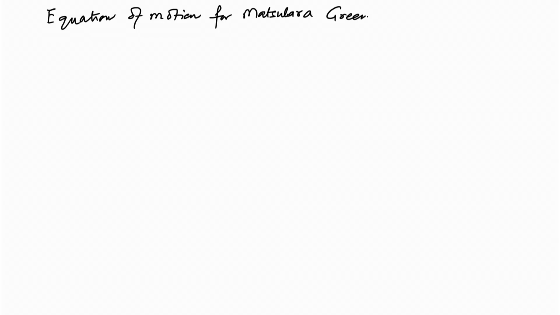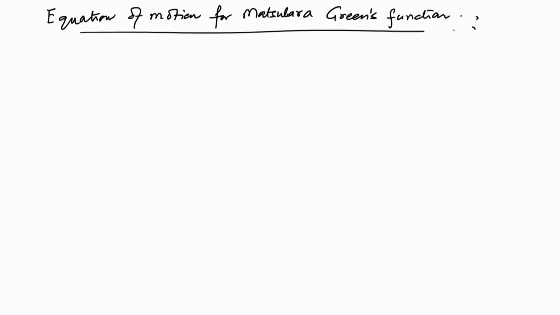In any case, we will do an example of this kind, but before that let us do the equation of motion of the Matsubara Green's function. All right. So, we can take this k prime and tau.